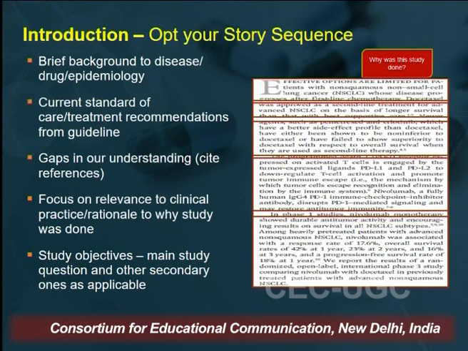If you are talking about a disease or a drug, then firstly you have to describe the basics of that particular drug or disease, followed by the standard of care. For example, if you are talking about rheumatoid arthritis, then you will describe a little bit about what the standard of care is or what other interventions are specified by the guidelines available.